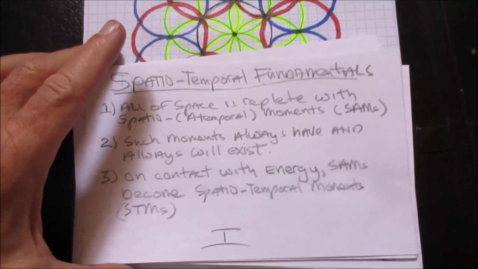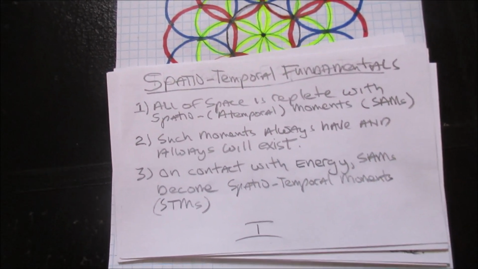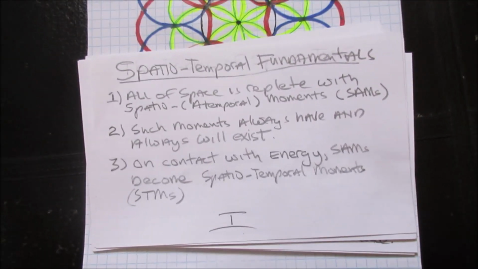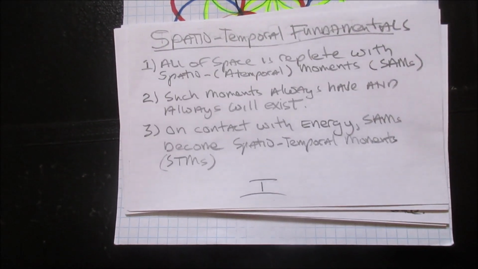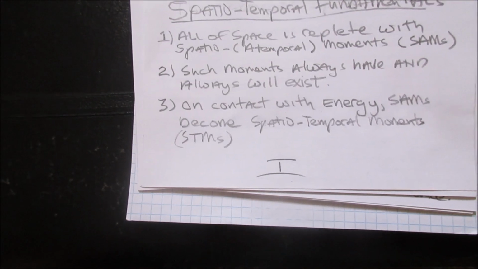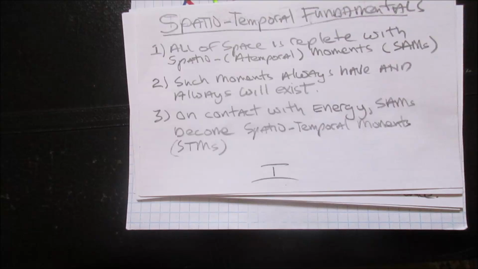Okay. As I mentioned, all of space is replete with these spatio-atemporal moments, SAMs. Such moments have always existed and always will exist. However, on contact with energy, now we're not talking about photons here, we're just talking about some mysterious thing we're calling energy.